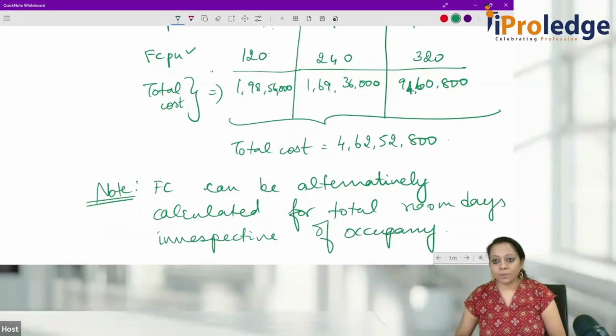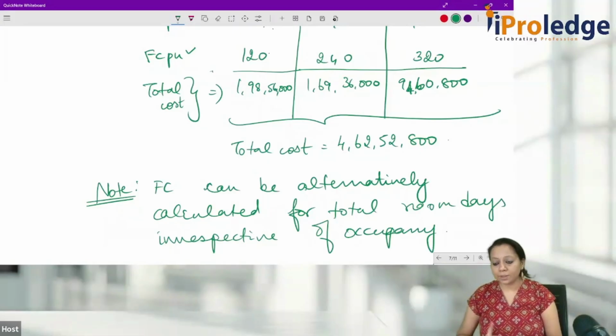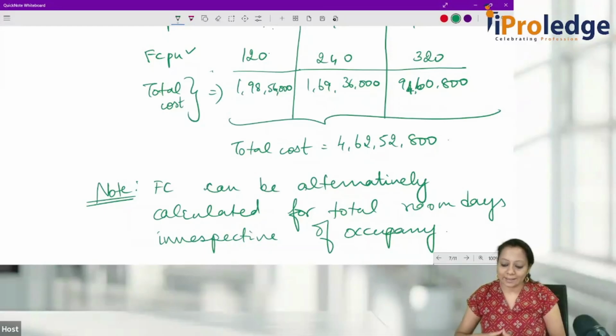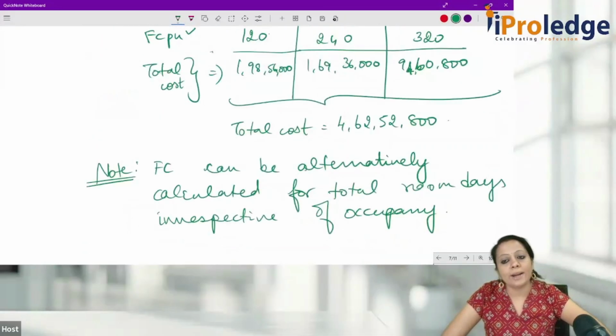So, like that, you can give a note. If I remember correct, in your suggested answers also, they have given two sorts of answers. So you can go through that. Yes. So this is the total cost. Shall we proceed? Yes. So, if you give this note, you can go ahead with this also.